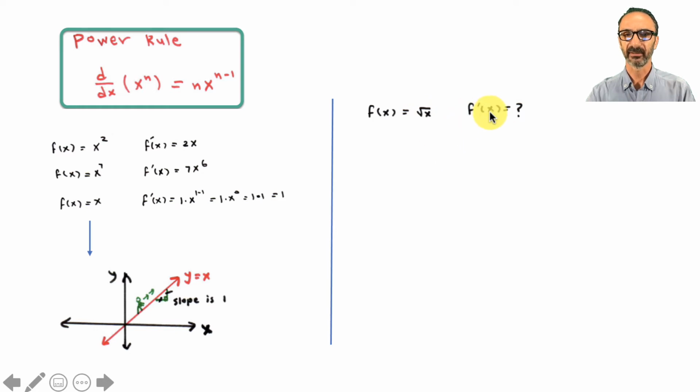How do you find the f prime? Well, let's look at this as a power if we can. Square root of x is x to the power half. Half goes up front. Half minus 1 because I need to reduce that by 1. Do the math. Half x to the power negative half. We don't like negative exponents for some reason.